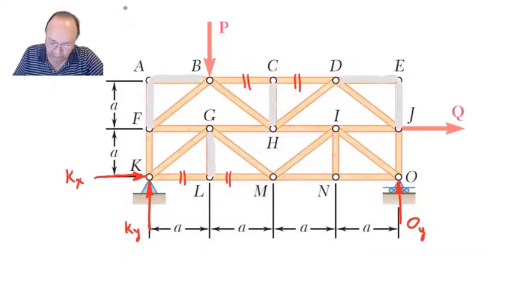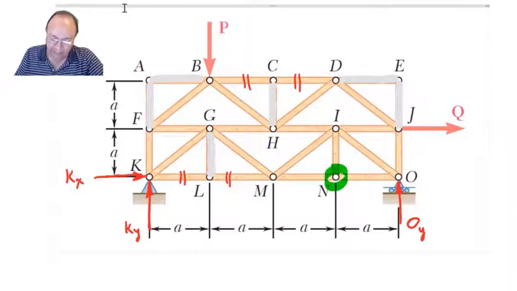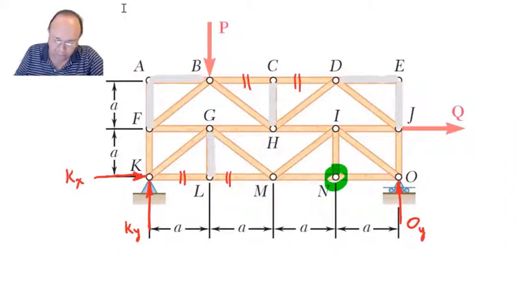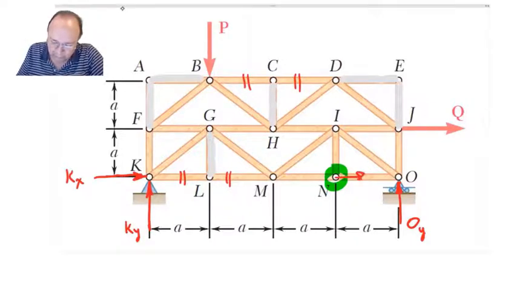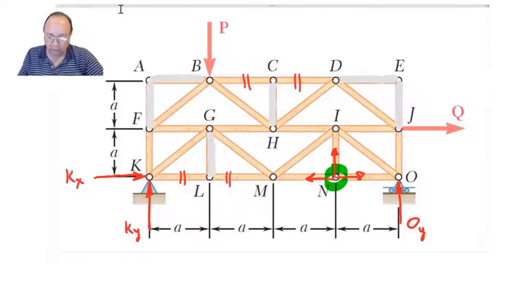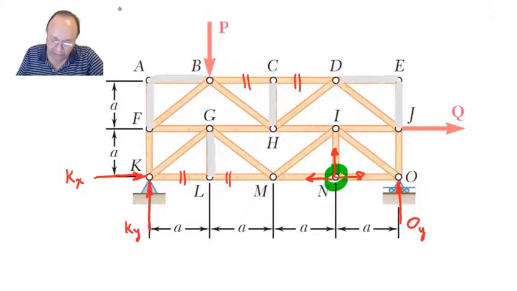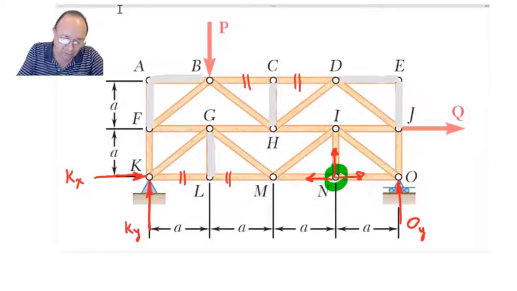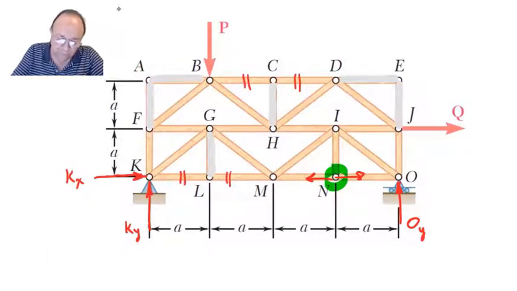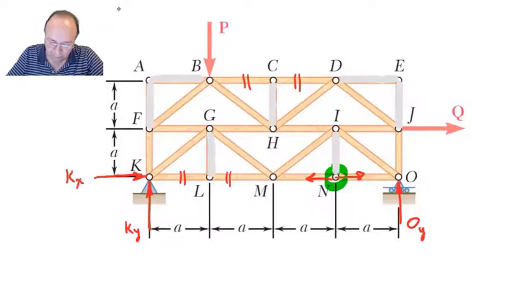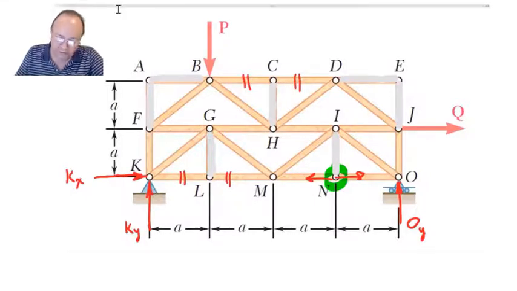Next one, joint N. Again, three forces. Let's put them here: 1, 2, 3. By summation of forces in the y direction, you can see that IN has to be 0. So that bar we can remove. Well, it's not that we can remove the bar.